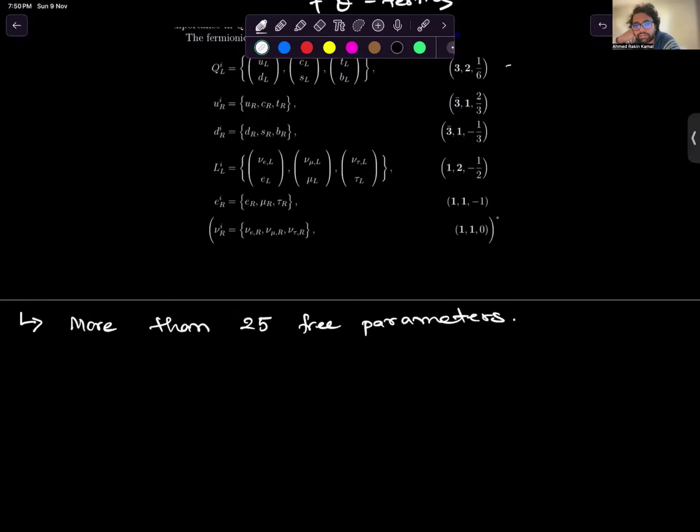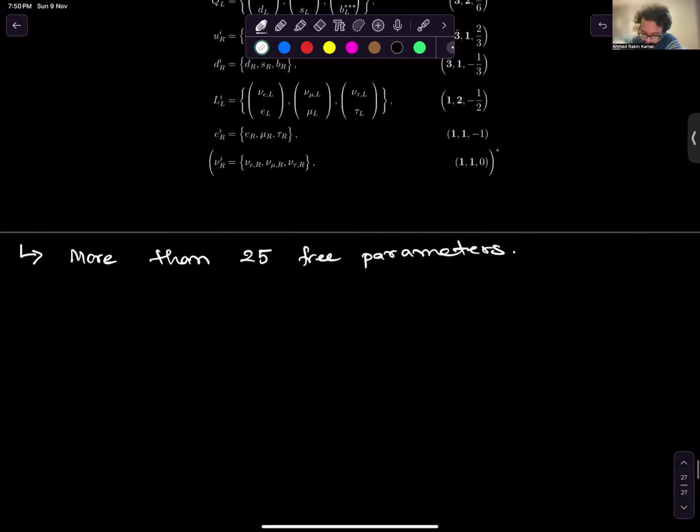And you have three of these coupling strengths, which are the weak interaction strength. Then you have the coupling strength corresponding to the photons and all. So there are more than 25 free parameters, and more if there's a right-handed neutrino, and more on this later, which of course take the values we get from experiments.